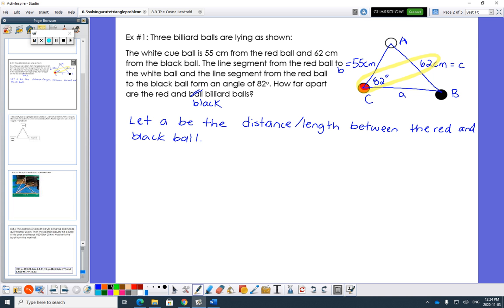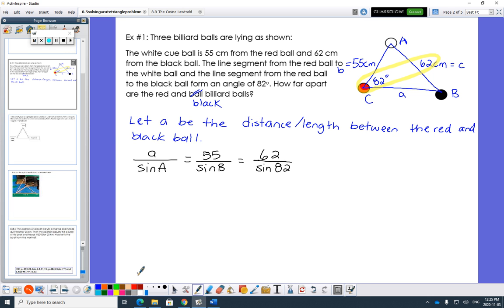So we're going to find side A. So if you want to make it easier for yourself, put A in the top. But it doesn't really matter. But we don't know angle A. We have side B. But we don't have angle B. In order to do cosine, you have to have side, side, side, all the sides, which we don't.